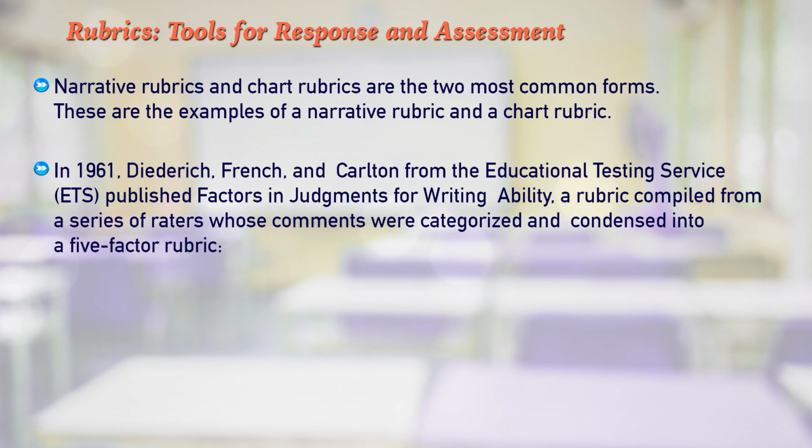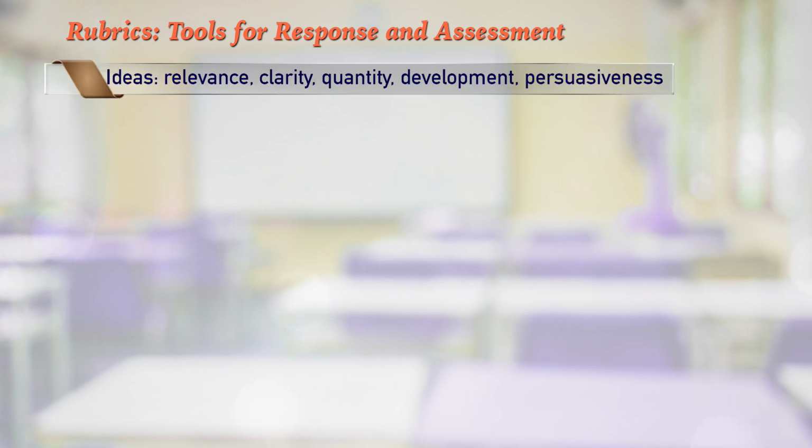In 1961, Diederich, French and Carlton from the Educational Testing Service, ETS, published Factors in Judgments of Writing Ability, a rubric compiled from a series of raters whose comments were categorized and condensed into a 5-factor rubric. Number 1, ideas.